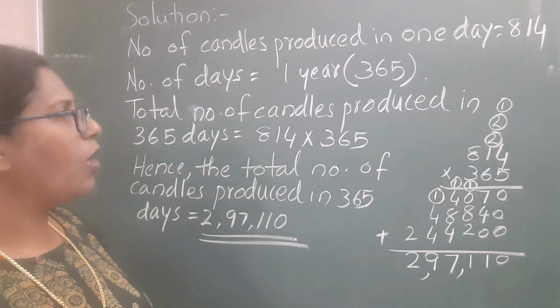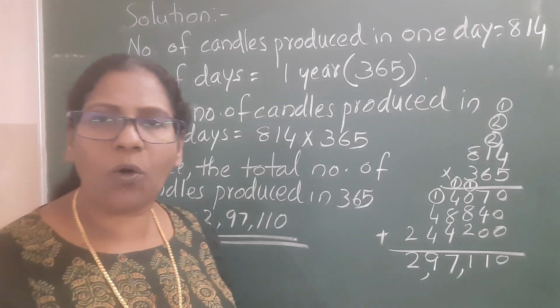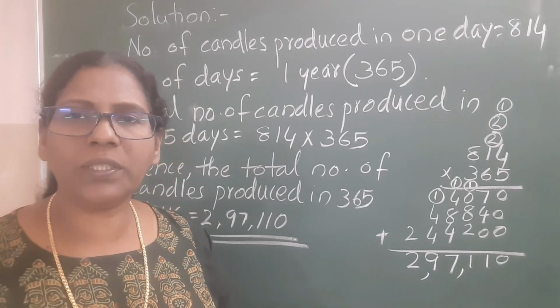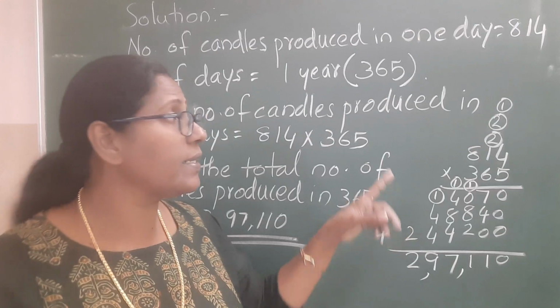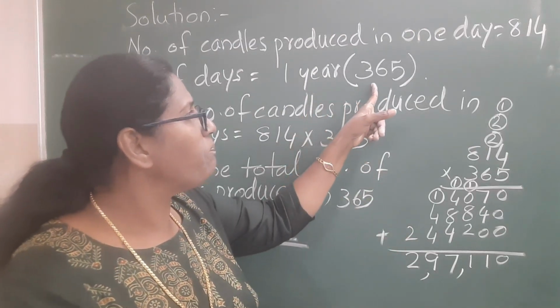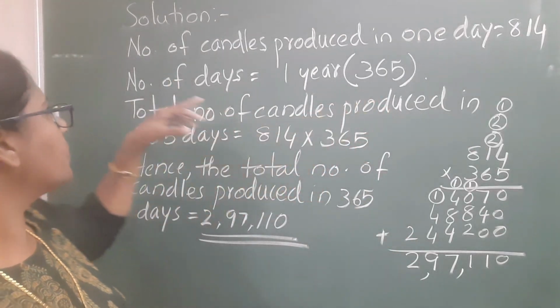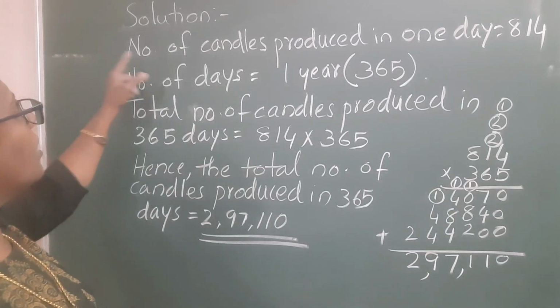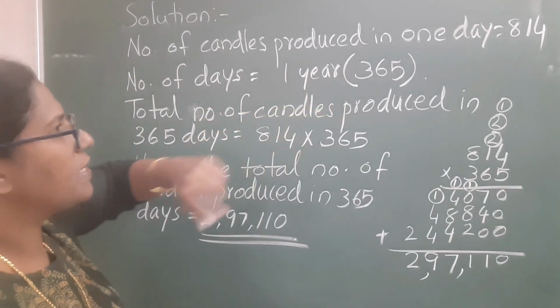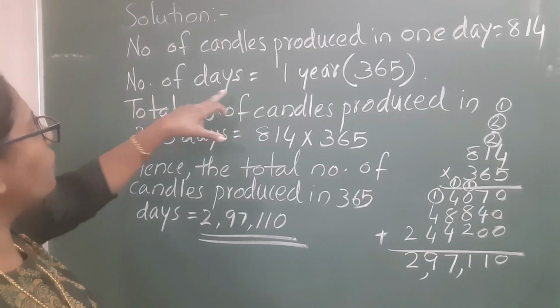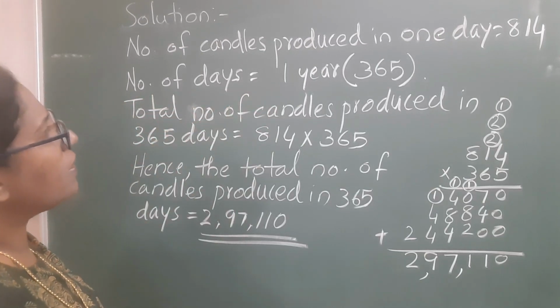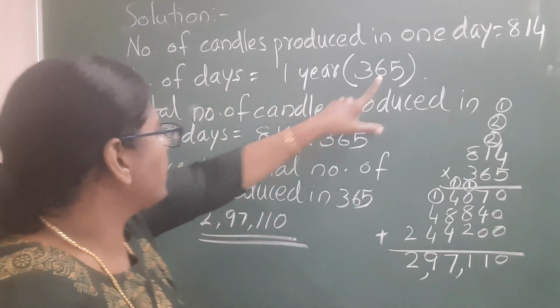The question is, a candle factory produced 814 candles in 1 day. Then how many candles can be produced in 1 year? First we have converted 1 year into number of days, that is, 1 year is equal to 365 days. So we wrote the statement. Number of candles produced in 1 day is equal to 814. Number of days, 1 year, is equal to 365.